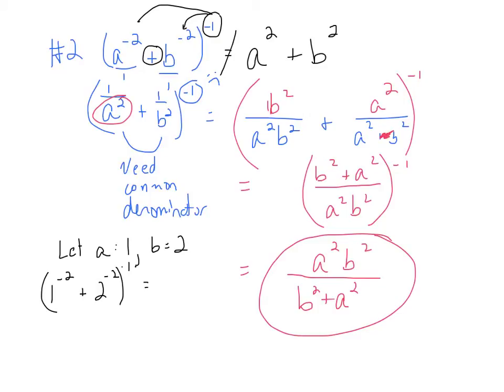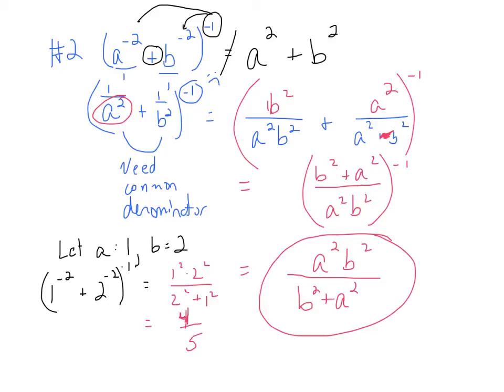And on the answer side, it would have been 1 squared times 2 squared over 2 squared plus 1 squared. Well, the right side's easier. It's really just 1 times 4, so it's 4 over 2 squared is 4 plus 1 squared is 1. 4 plus 1 is 5. So that side's just 4/5.